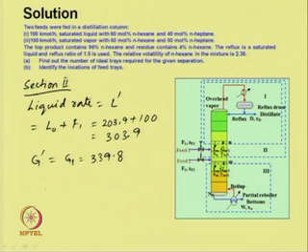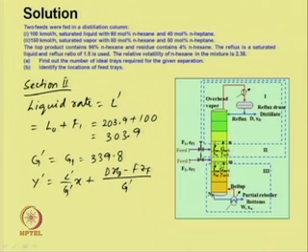So, the operating line equation, y dash would be equal to L dash by G dash x plus D xD minus F ZF by G dash.